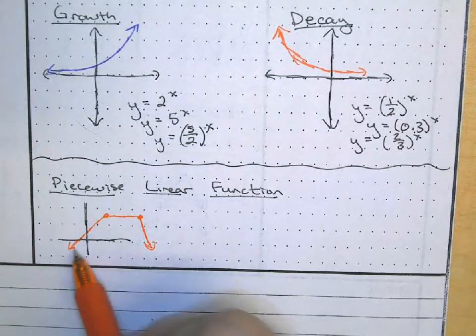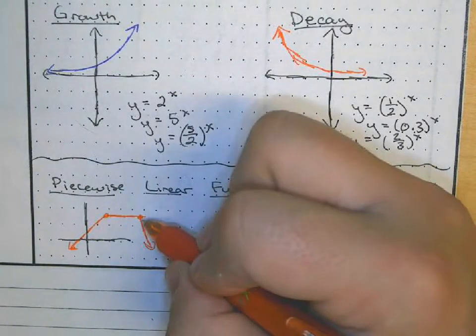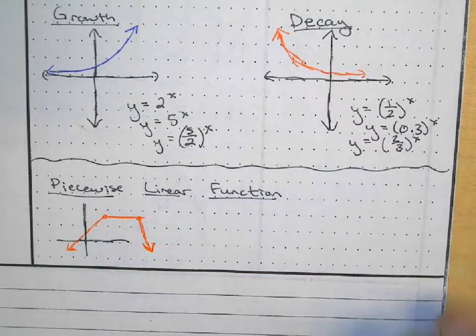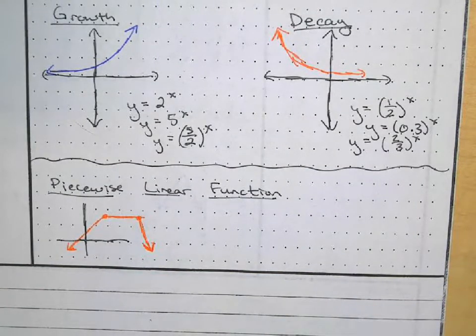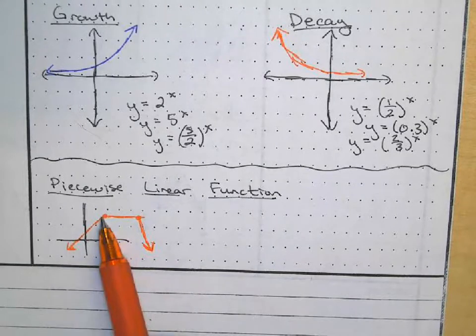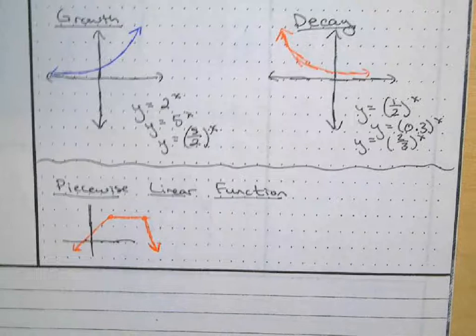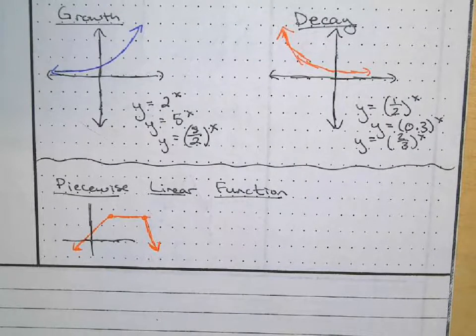So you can see that it has multiple pieces. There's this piece that's increasing, this piece that's constant, and then this piece that's decreasing. It doesn't always have to be increasing, constant, decreasing. It could just be two pieces, increasing then decreasing, or increasing, constant, increasing. As long as you see multiple pieces and it's not a clear V shape, then you know it's going to be a piecewise.